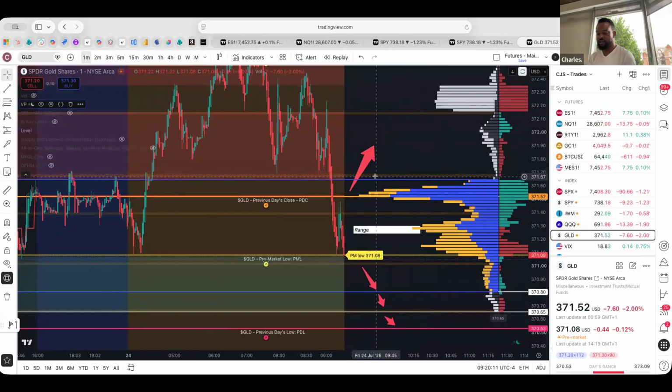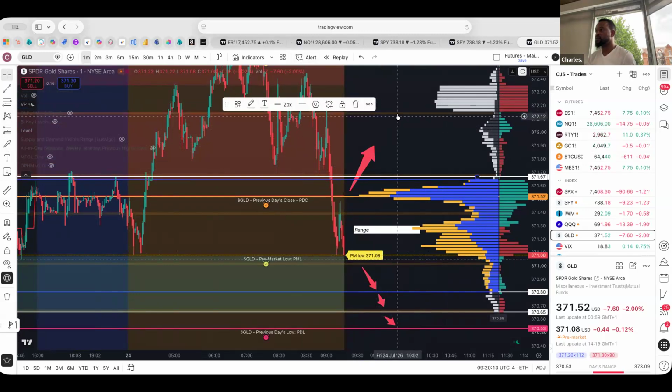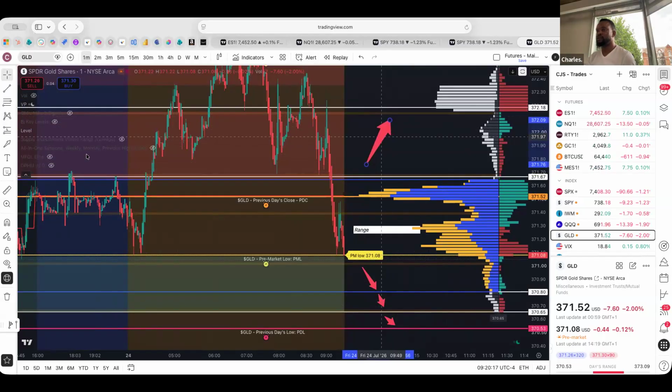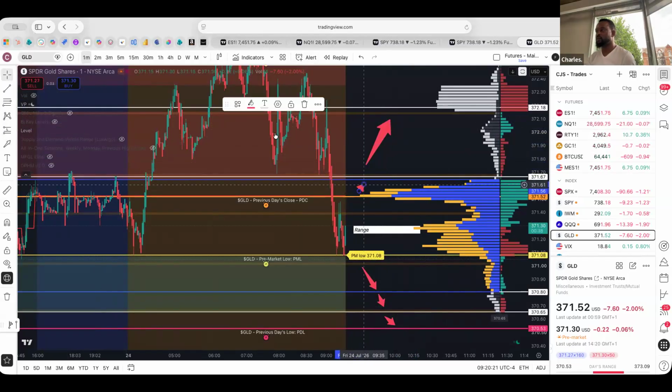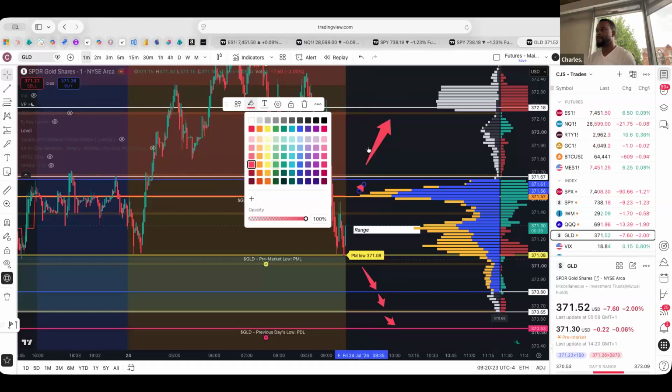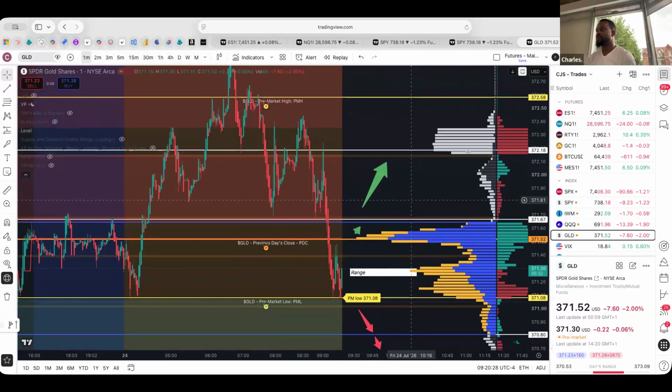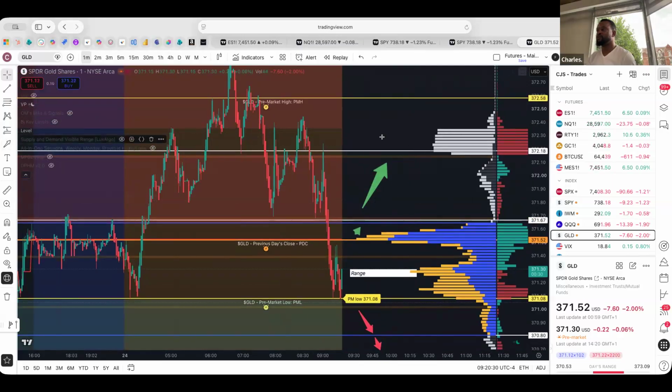First price target's there. Second one is here. There's even an opportunity to move further upside as well, like that.